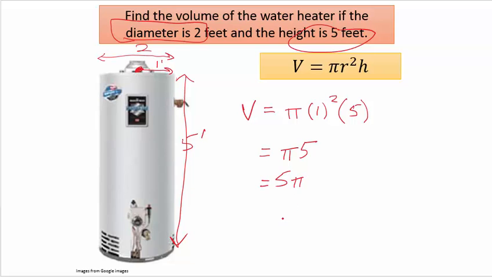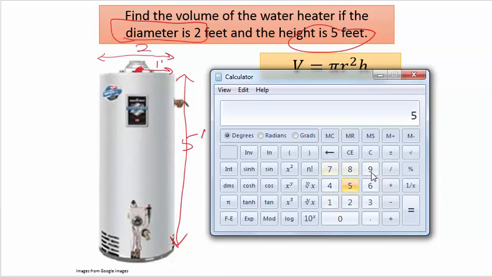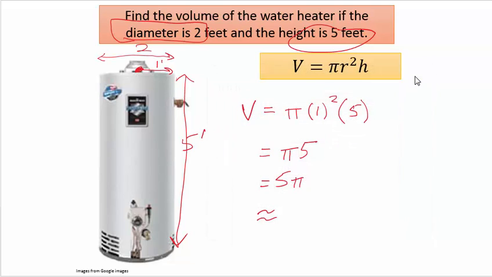There's my exact volume. So the approximate volume is 5 times pi, which is going to be somewhere around 15.7. So this water heater contains approximately 5.7 cubic feet of water.